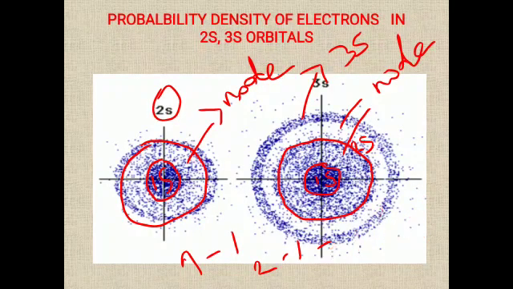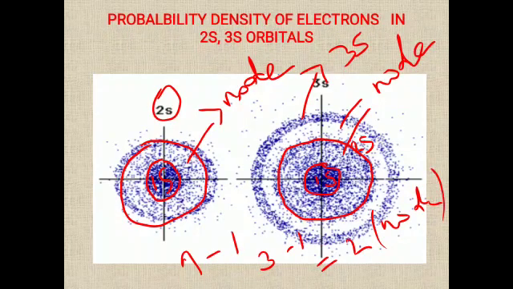Similarly, for the 3s orbital, n is 3, and 3 minus 1 is equal to 2. So 2 nodal surfaces are there for the 3s orbital. Yes, it is also correct from the diagram. So this is the method to calculate the number of nodal surfaces present in any of the orbitals. Thank you.